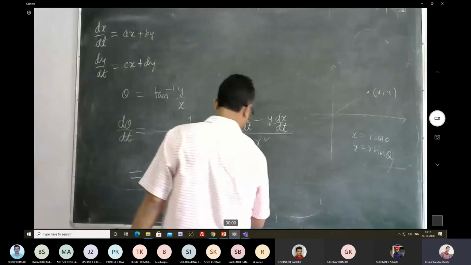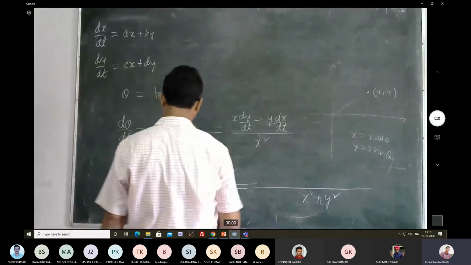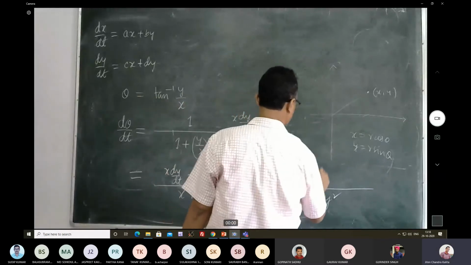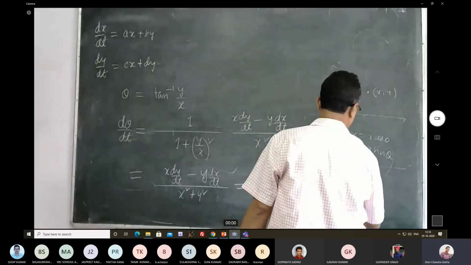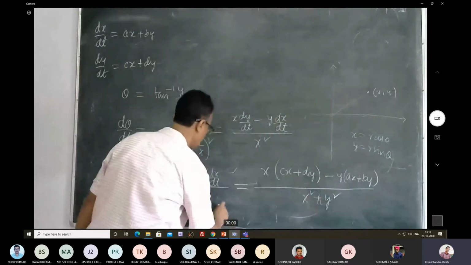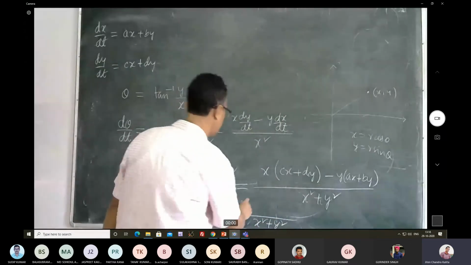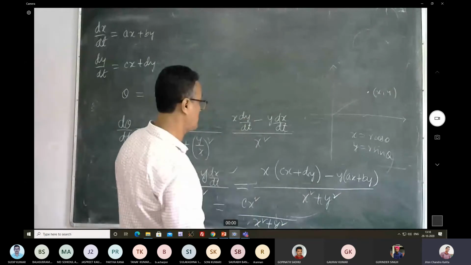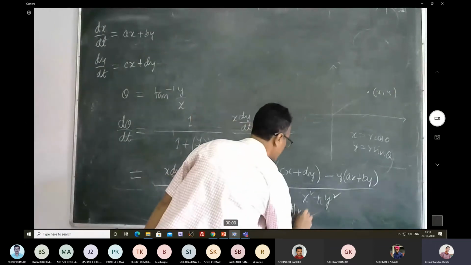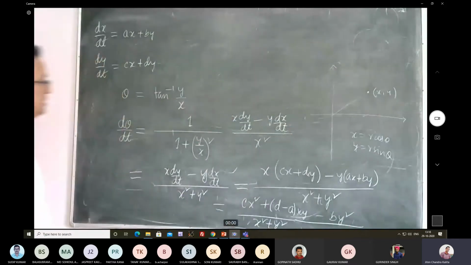If I substitute it here, I am going to get x dy/dt, cx plus dy, minus y, ax plus by, and that is going to give me cx squared plus d minus a xy and minus dy squared.